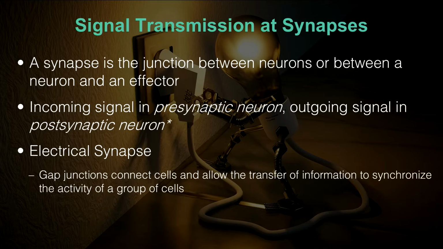Will allow the potential to spread between cells. And really that simply means it allows sodium to spill from one cell to the next, raising membrane potential closer to threshold, allowing depolarization. So an electrical synapse is a direct connection of two cells where the signal is transmitted via gap junctions, sodium moving through gap junctions.